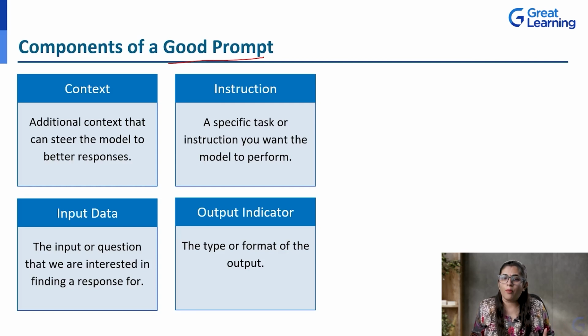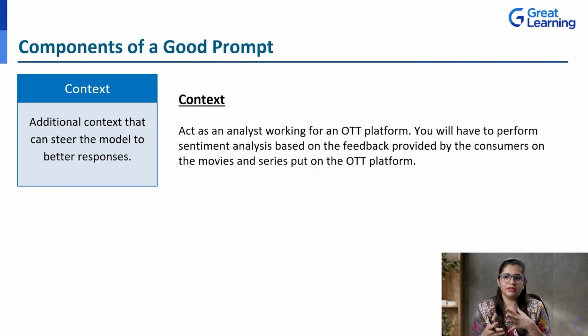If your prompt consists of these 4 things, you are enabling your generative model, your ChatGPT, to give you better and good results. Now, let's see an example. Here we will see sentiment analysis. We are setting up a context. It is written, act as an analyst. You are asking your ChatGPT to act like an analyst working for an OTT platform.